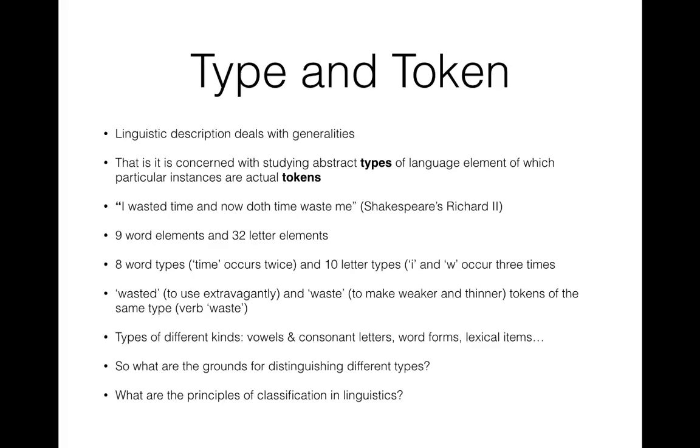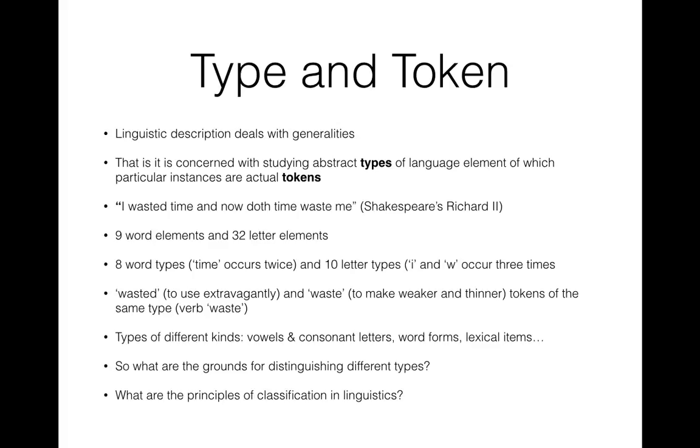This is very clear in standard Arabic. In standard Arabic, you have the root, and from the root you can have different words and manifestations. So the root is like a type, and those manifestations are the tokens.